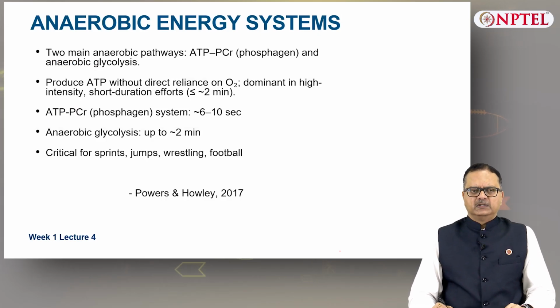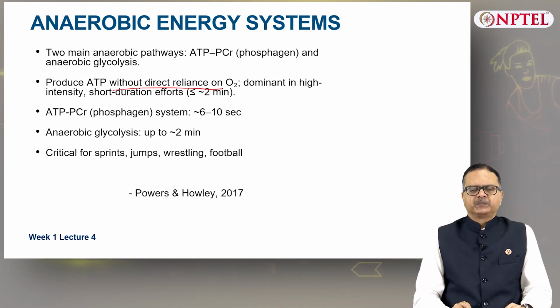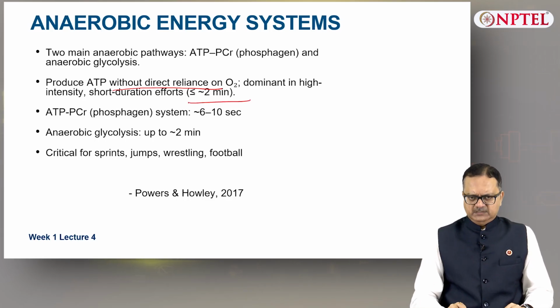Now, let's talk about the anaerobic energy pathways. There are two main anaerobic pathways: the ATP-PCR or Phosphagen system and the anaerobic glycolysis. They produce ATP without the presence of oxygen or without direct reliance on oxygen. This system is more dominant in high intensity, short duration efforts less than 2 minutes.